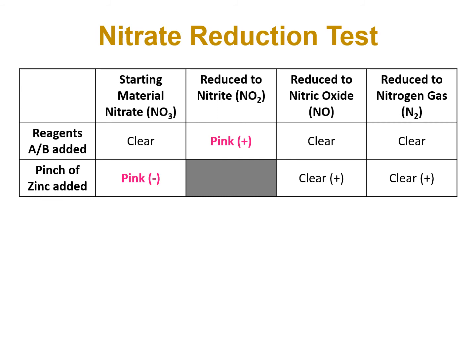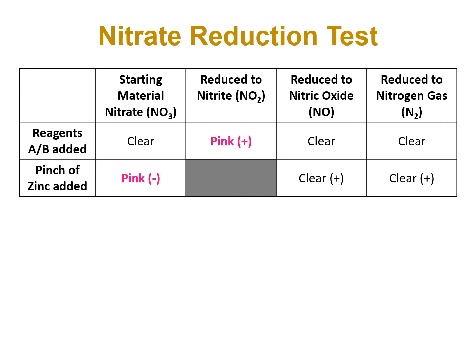If it's clear after adding the first two reagents, you must go ahead and add a pinch of zinc. Which test tubes would get the pinch of zinc? You would add it to those that turned clear in color.